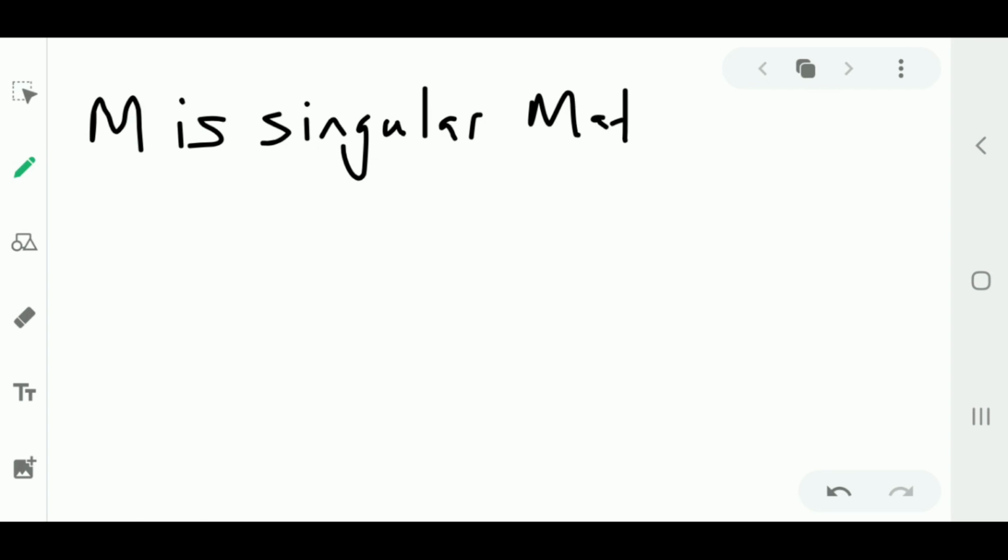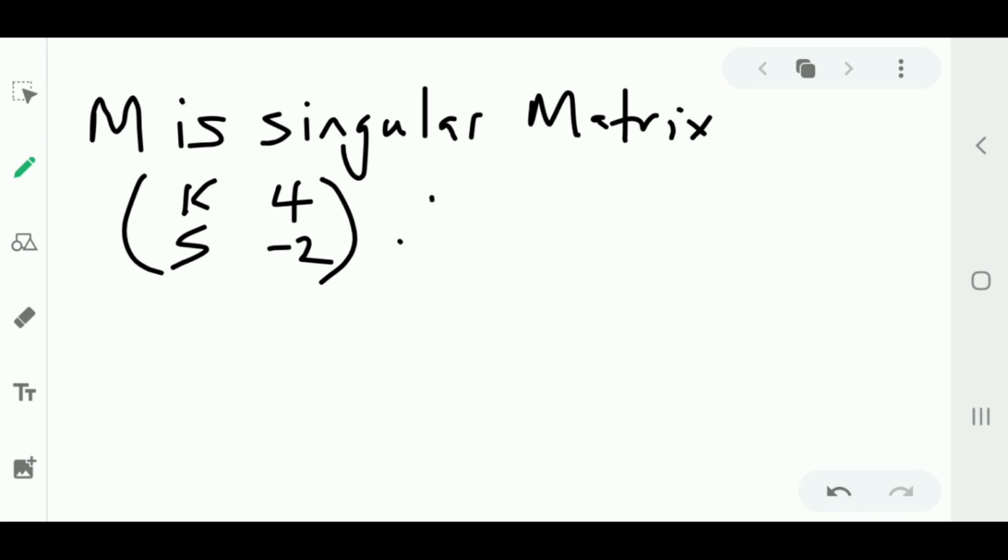Let's say a question said to you, M is a singular matrix. It gives you k, 5, 4, minus 2, and it asks you to determine k. The first thing you know about a singular matrix is that the determinant is equal to 0.